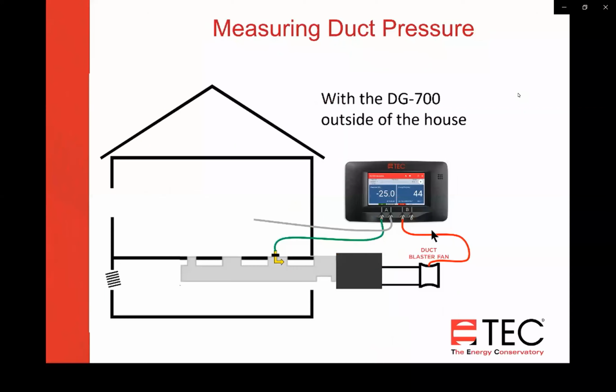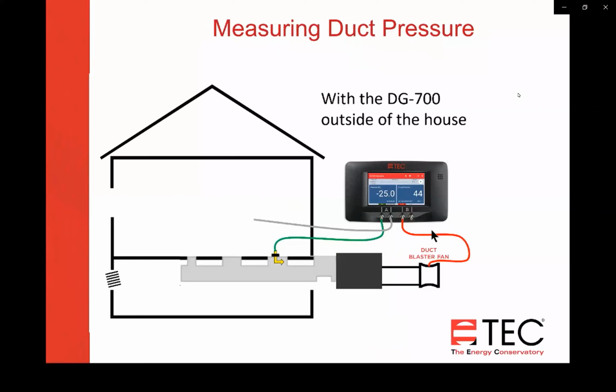If the pressure and flow gauge, either a DG700 or a DG1000, is outside when you're doing the test, then you'll want to be referencing the house on channel A. In this case, we've got a package unit sitting out in the side yard, and the gauge is outside.